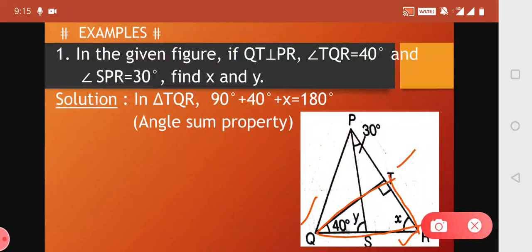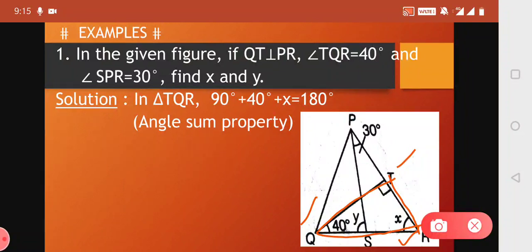So we write 90 degree plus 40 degree plus X equal to 180 degree. Because angle T is given as 90 degree, because already in the question it is given that QT is perpendicular to PR. So angle T will be 90 degree.